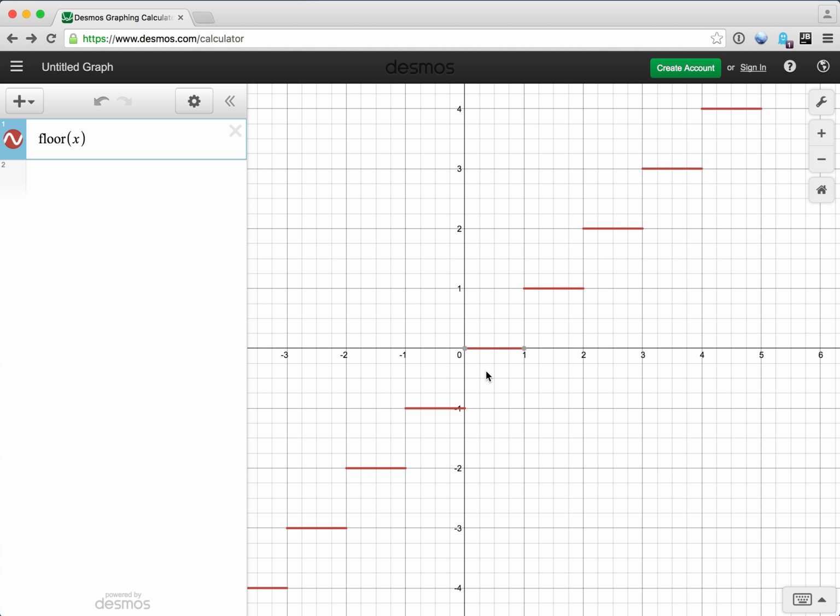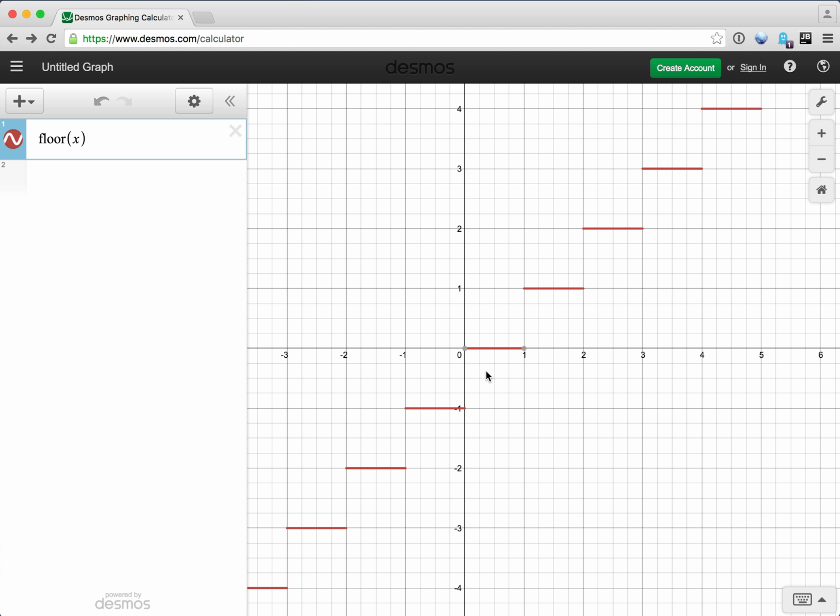You basically drop down, that's why it's called the floor. So you drop down to the lowest integer. It sounds a little bit weird, but the greatest integer of 0.5 would be 0. What's the greatest integer of 0.9? 0. What's the greatest integer of 0.99999? 0. What's the greatest integer of 1.1? 1. 1.4? 1.